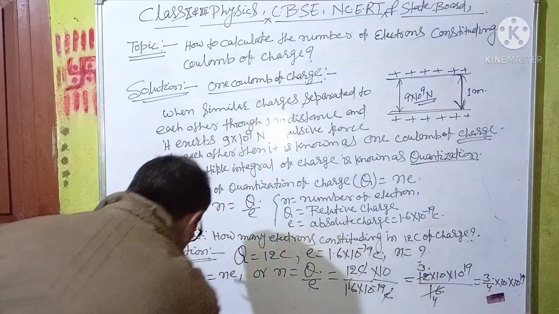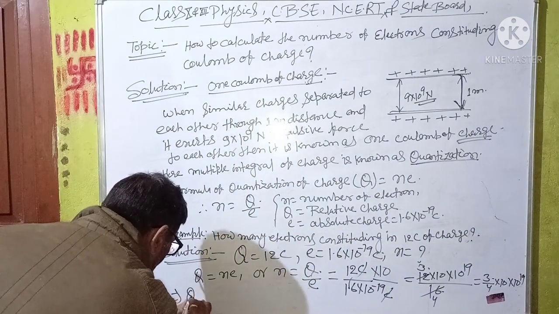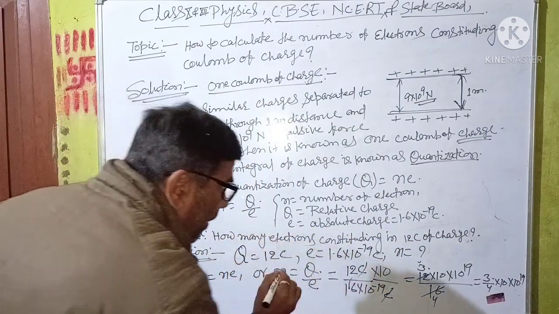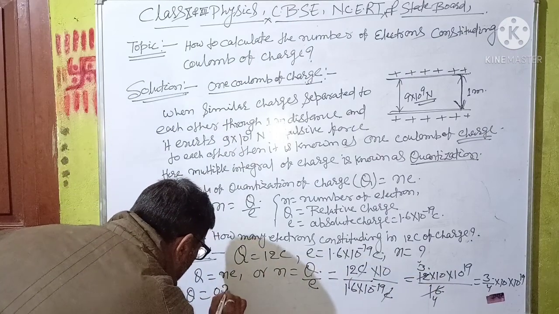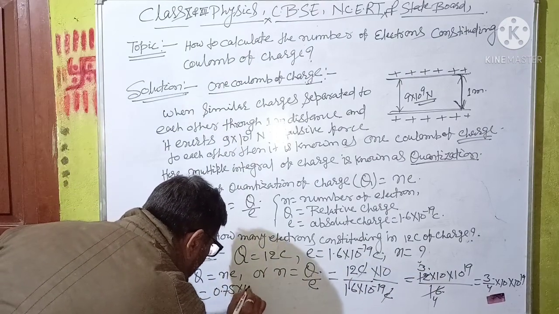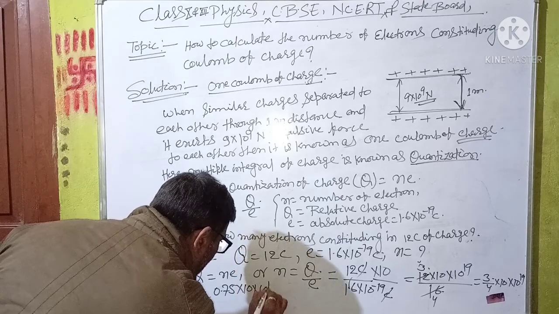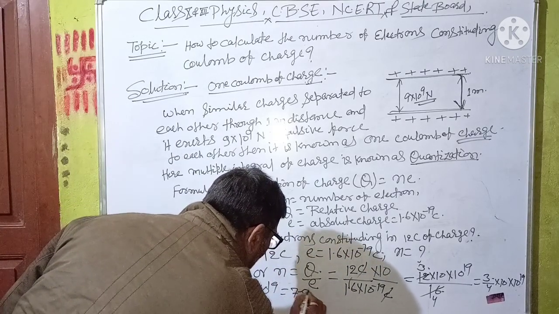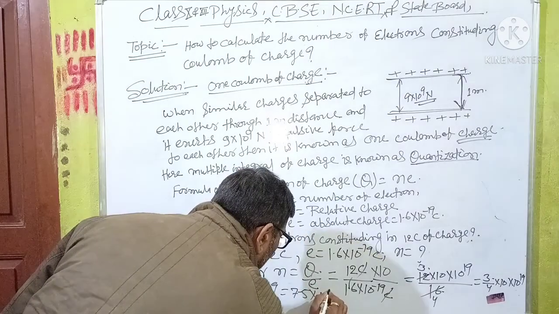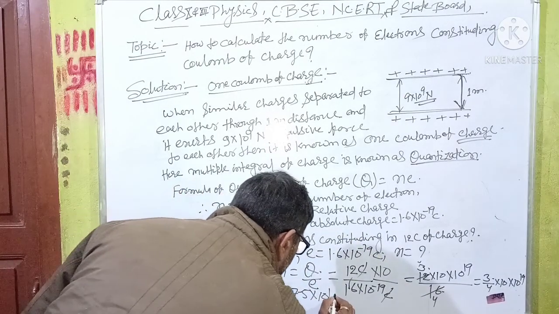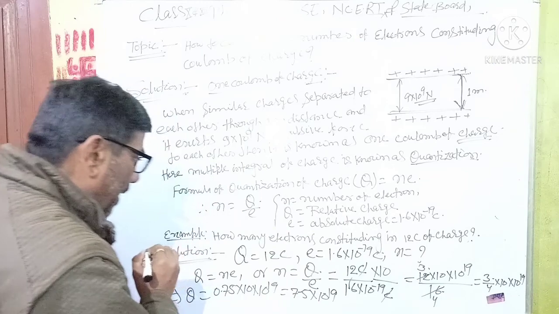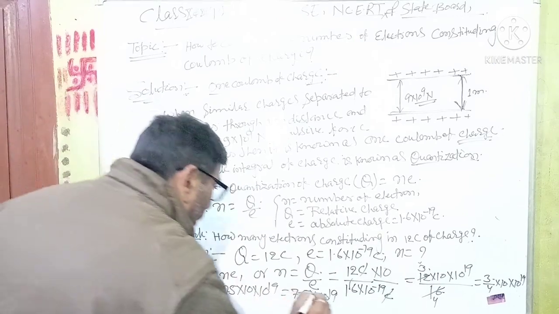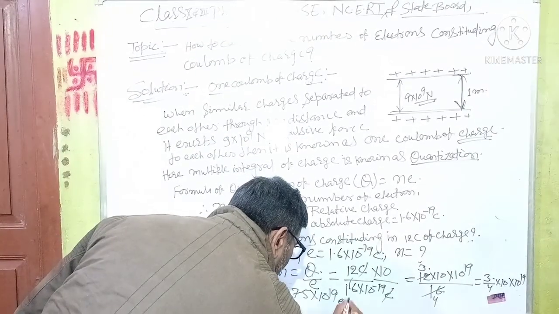Therefore it is 0.75 into 10 to the power 19, which is equal to 7.5 into 10 to the power 18 electrons.